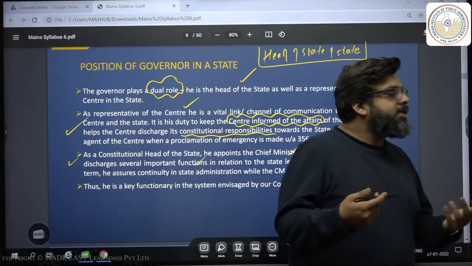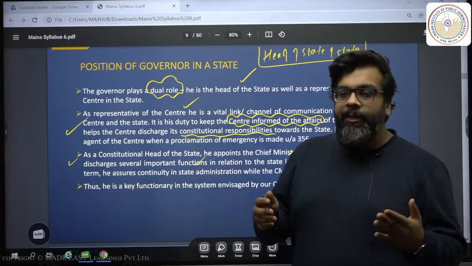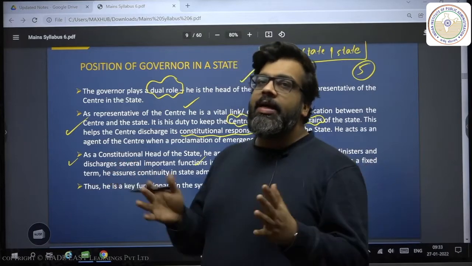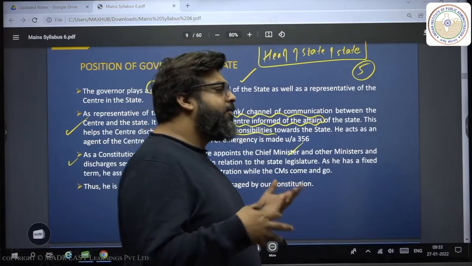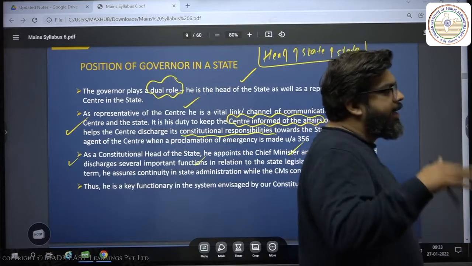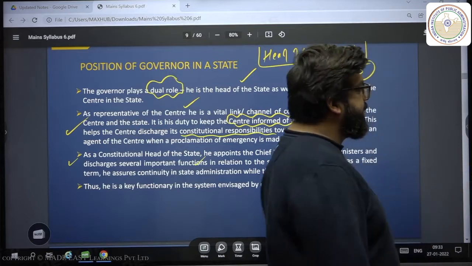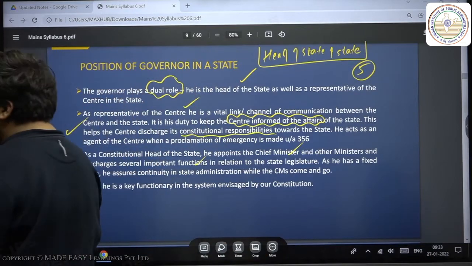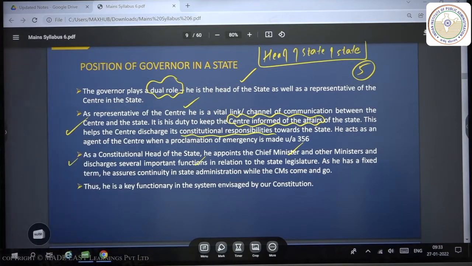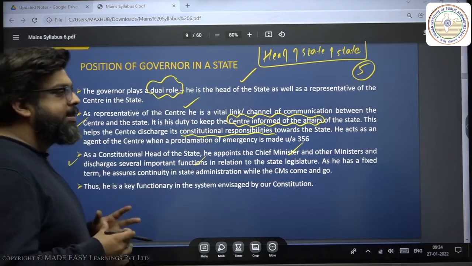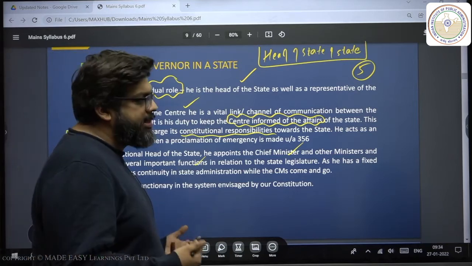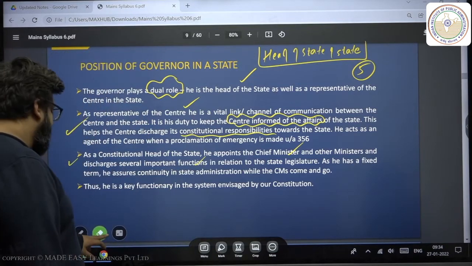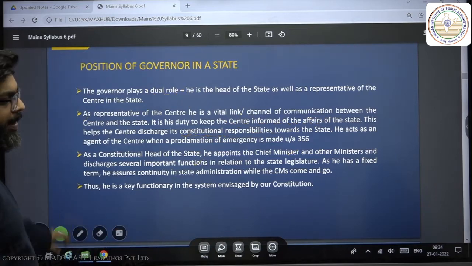In most states, that's not the case, because most states have legislative assemblies, and every 5 years the entire assembly panel changes, and ministers can also keep coming and going in case there are fluctuations in the politics at the regional level. So in one sense, the governor also provides a system of continuity, a system of balance and consistency at the state, and therefore becomes a key functionary in the system envisaged by the Constitution of India.